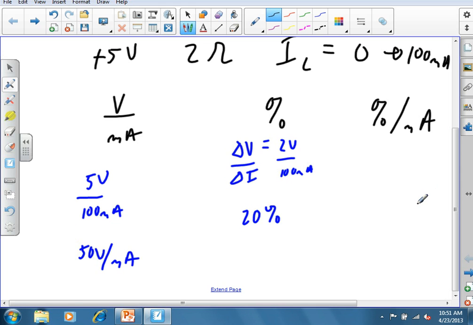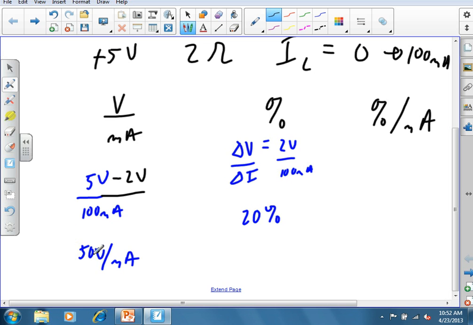You multiply that times L, and it gives you the VL value. Oh, so you want me to go 5 minus 2 volts. Is that what you want me to do? Yeah, I think that's probably what you want me to do. And then that becomes 3. No? You don't want me to do that? I don't know how it's actually done.